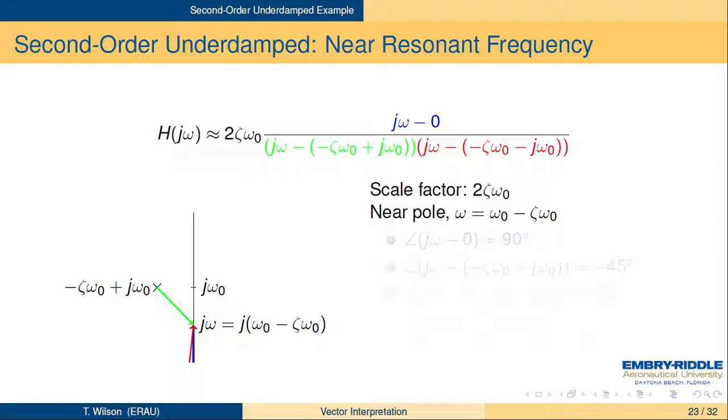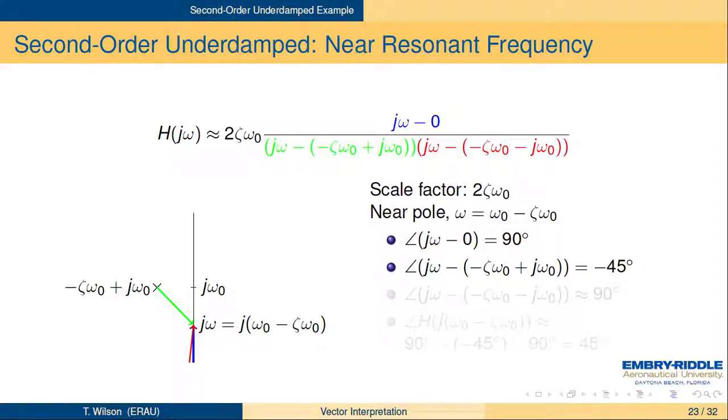The angle at that frequency, the angle of the vector from the 0 is 90 degrees. The angle of the vector from the pole with the positive imaginary part is minus 45 degrees. And the angle of the vector from the pole with the negative imaginary part is plus 90 degrees, because again, it's coming up from near the j-axis below with a negative imaginary part.